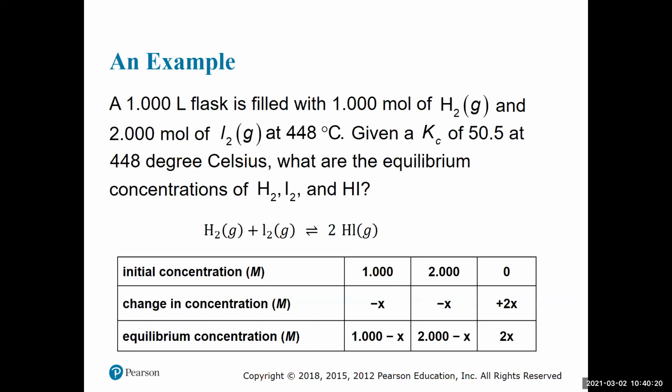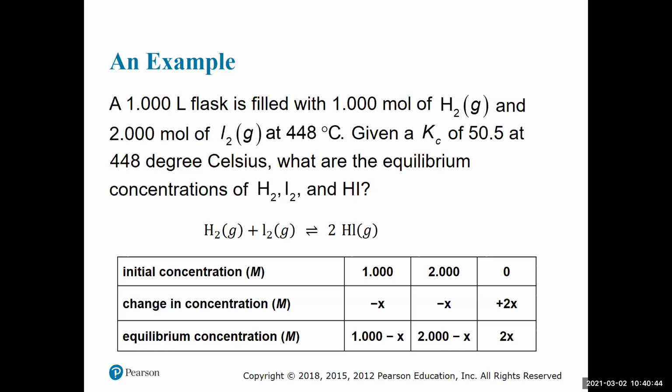So we know from the balanced chemical equation that 1 mole of each of H2 and I2 react to give us 2 moles of HI. So if we define that as the H2, some amount X is reacting, and that same amount of I2 is reacting, both of those will be X.